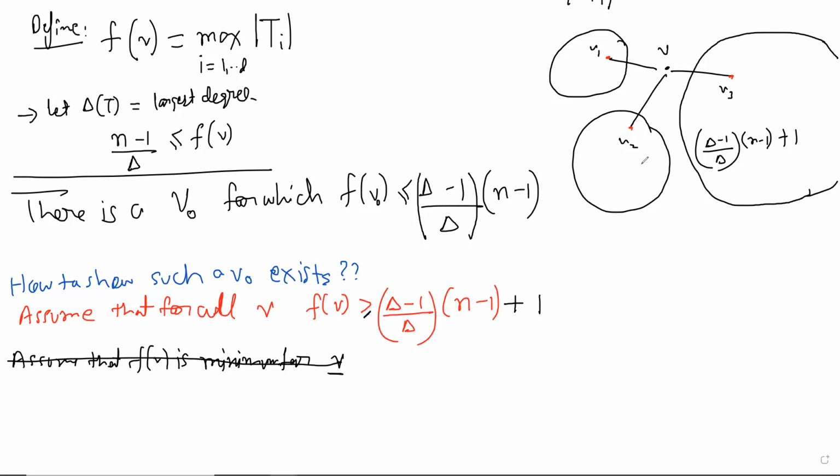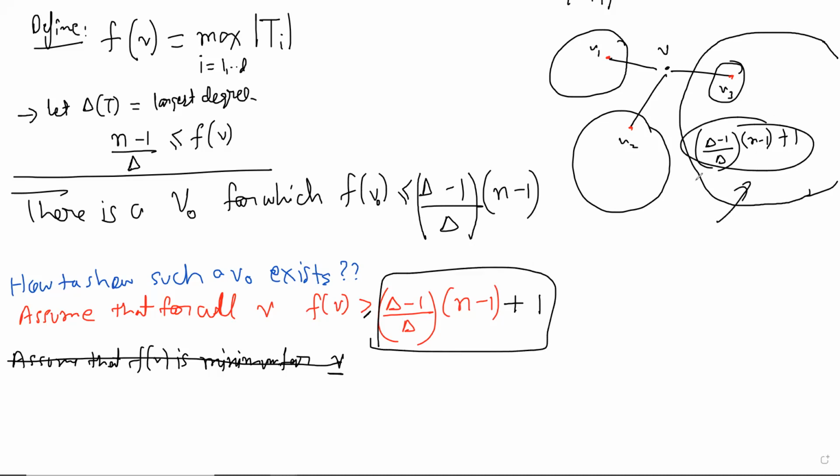Let's just investigate. So there is a v for which f(v) is bigger than this. Then what can you say about this v3? Because that holds the key. For f(v), this tree here has this size.